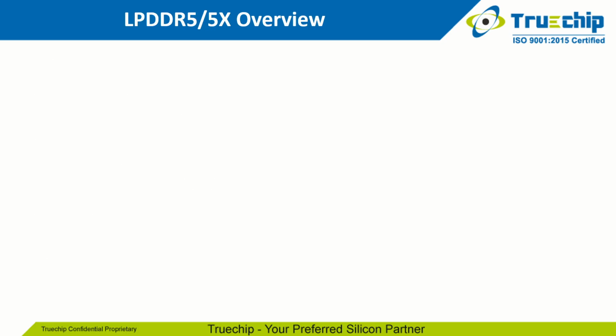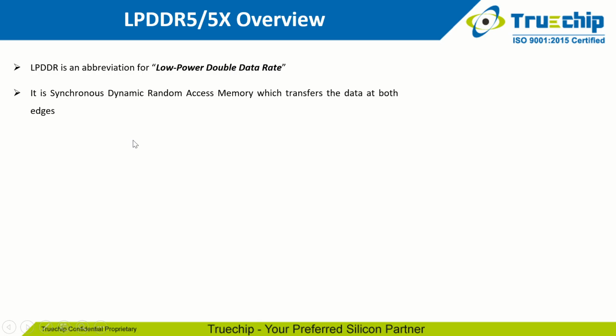So let's start with a brief overview of LPDDR5 5X memories. LPDDR stands for Low Power Double Data Rate. Basically, it's a synchronous dynamic random access memory, also called SDRAM, which transfers data on both the edges, which makes it even faster than the normal SDRAM devices.